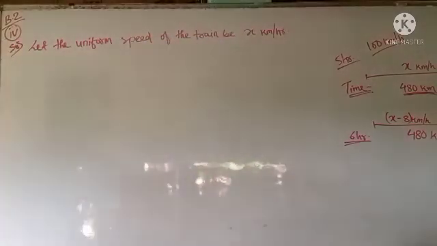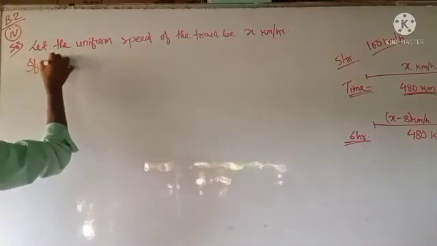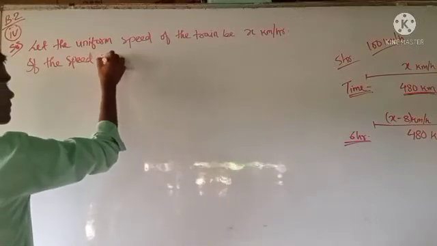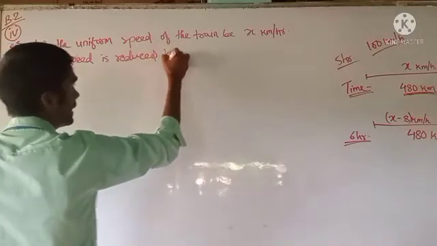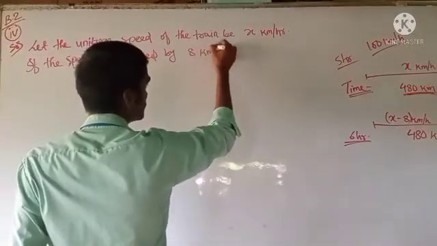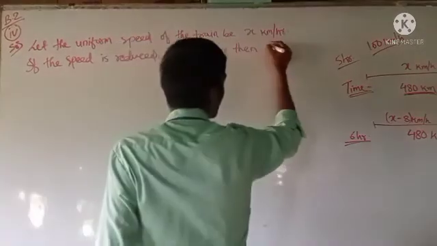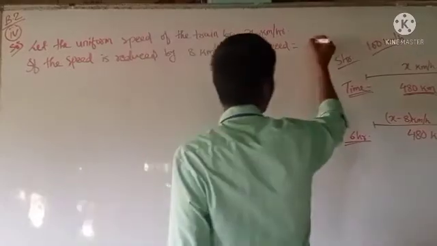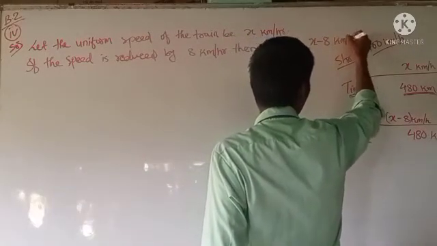Now if the speed is reduced by 8 km per hour, then the speed will be equal to x minus 8 km per hour.